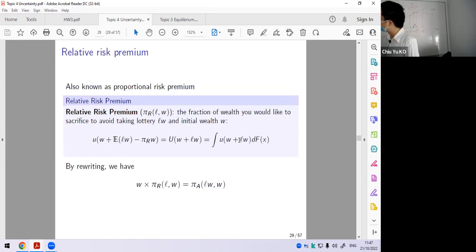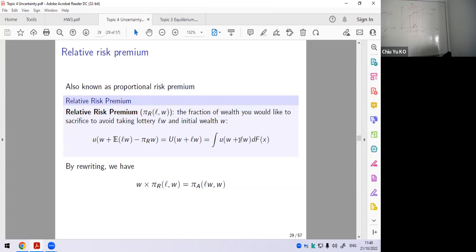So the next is what we call the relative risk premium, or sometimes in the textbook they call it proportional risk premium. There's some change in terminology here. Your initial wealth is W, and your lottery is L times W. So there's a different definition here.